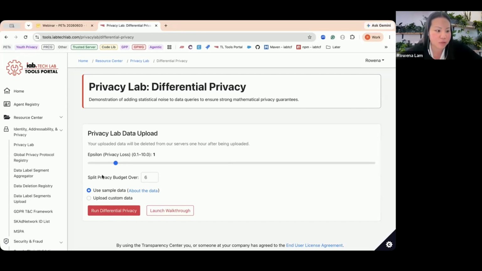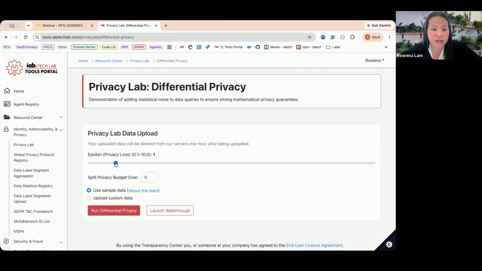The lower the epsilon, the tighter the budget, more noise is included, stronger privacy. The higher the epsilon value, the more budget, there's less noise, and the result that you're going to get is closer to the truth.